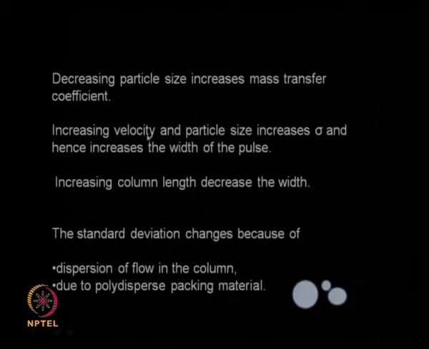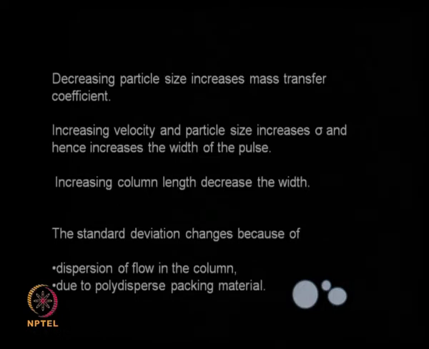Increasing velocity and particle size increases sigma. So if the particle size increases, sigma increases, and if the velocity increases also, sigma increases. So if sigma increases, obviously the width of that Gaussian pulse also increases. Increasing column length decreases the width. If I have a longer column, I have more theoretical plates, so the width of the pulse also decreases.